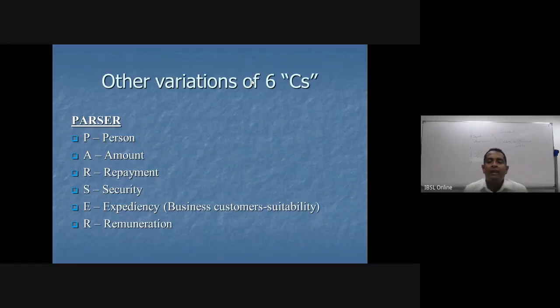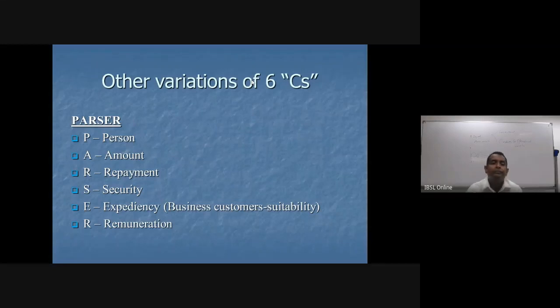Then we have another variation from 6 C's, which is PASSER. Earlier one was PAPERS. This is PASSER. Person. Who is the person? We are looking at character again. The amount they are asking. Repayment, the ability to repay. Security, what kind of collateral they are giving.